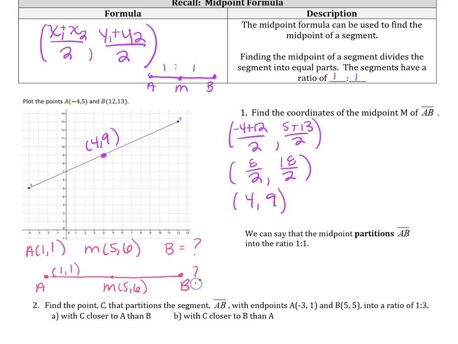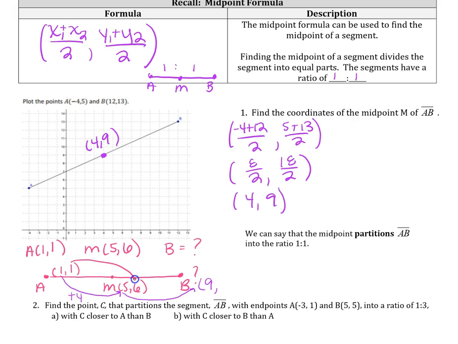And B is unknown. You have to think that B is equidistant to M as A is to M. So in order to get from 1 to 5, I'm noticing my x's are changing by 4. So I'm going to do the same thing to figure out the x coordinate of B. I'm just going to add 4. So that would give me 9.